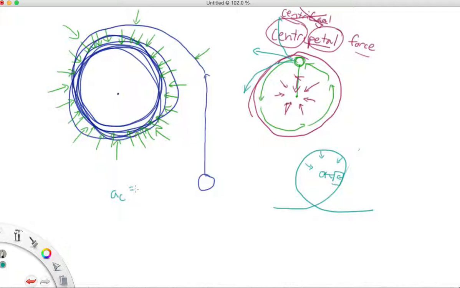All it is is v squared, the velocity going around, divided by r, the radius of the circle. The velocity is the instantaneous velocity at any point along here, and r is the radius from the outside to the center of the circle. So that's our acceleration towards the middle.